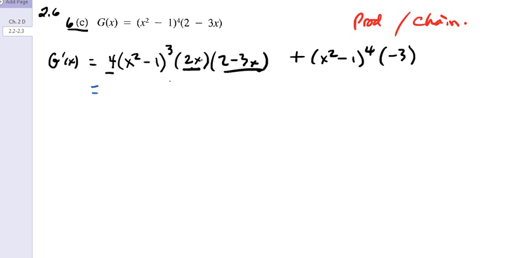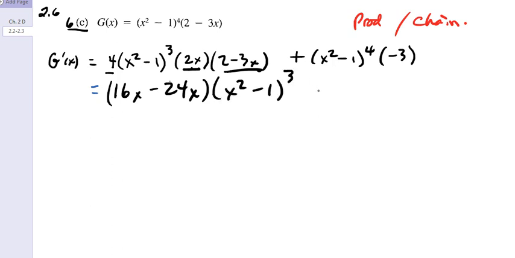That's 8x times 2 is 16x. 8x times negative 3 would be minus 24x, I suppose. Right? Times (x squared minus 1), all cubed. Isn't it 24x squared? Could be. 8x, and yeah, that's squared, thank you. And then minus 3 times this, (x squared minus 1) to the fourth.